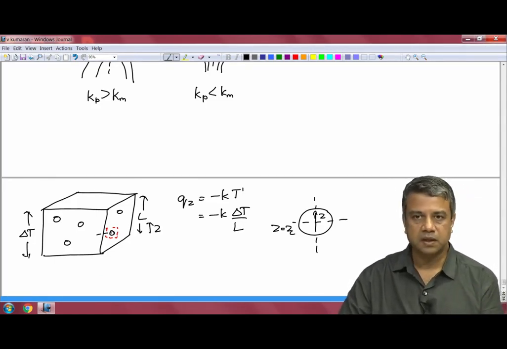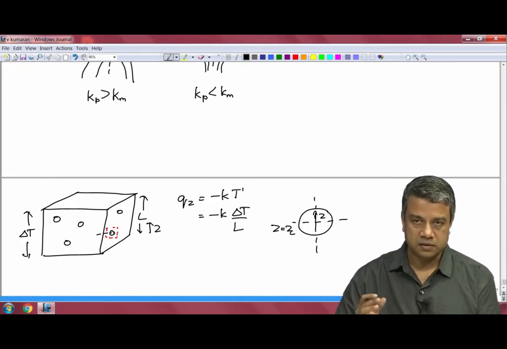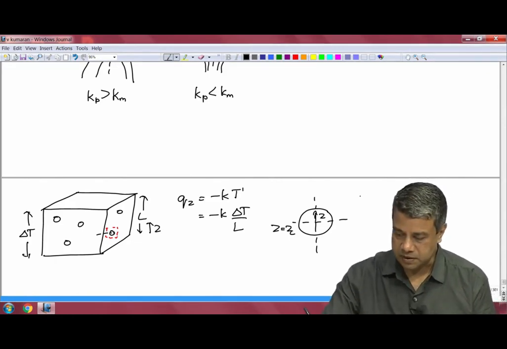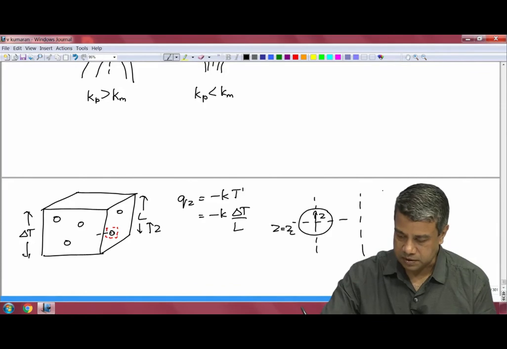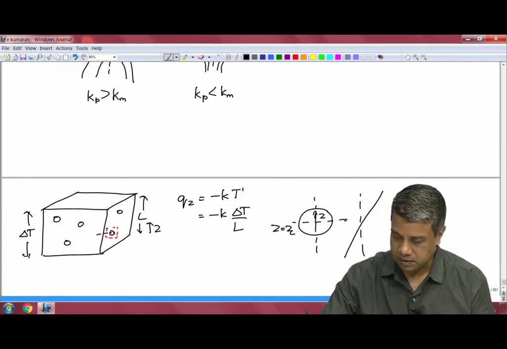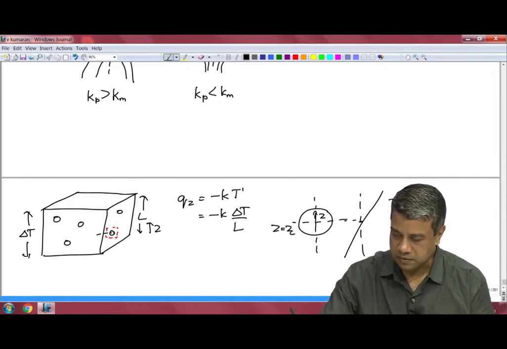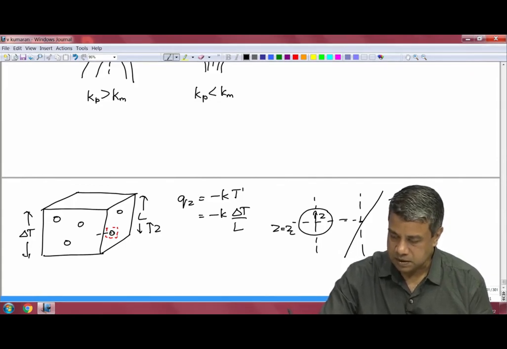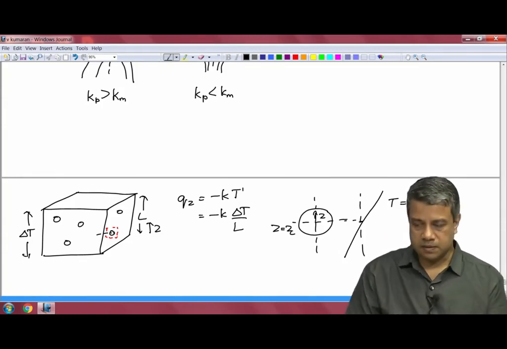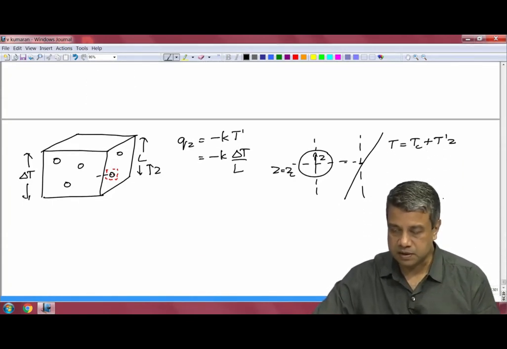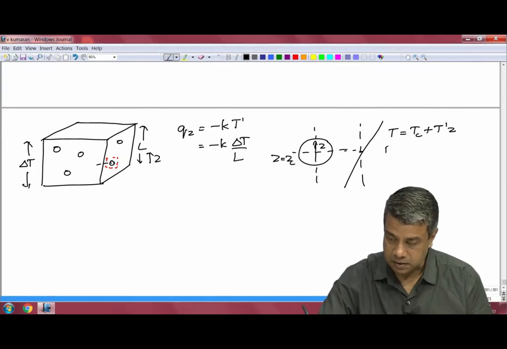Far from the particle, it is only matrix, and therefore, you have a temperature that is varying linearly with position, of the form T equal to Tc plus T prime z. That is the variation in temperature far from the particle.